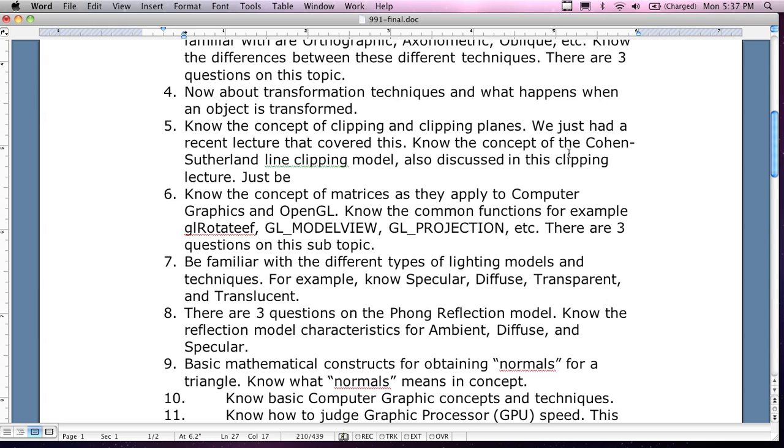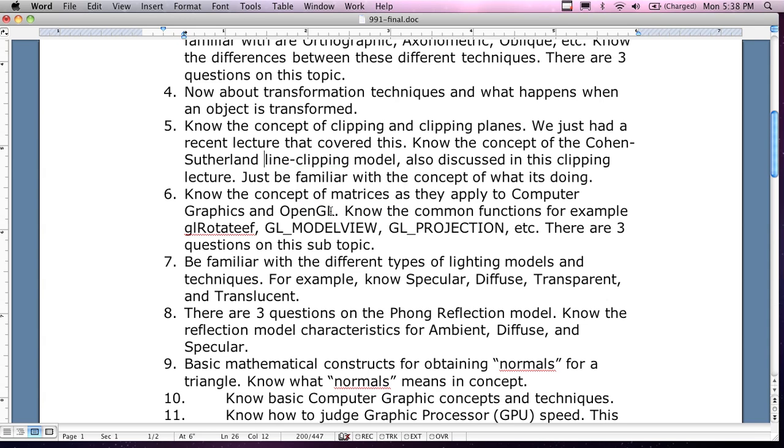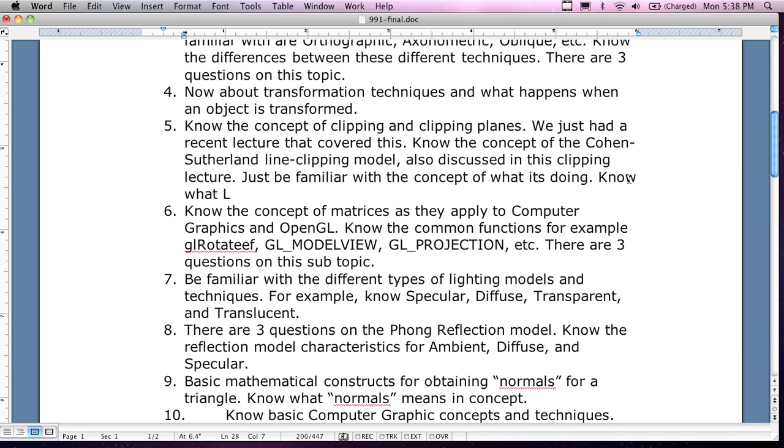Just be familiar with the concept of what it's doing. So line clipping as a concept as well. Know what line clipping as a concept is.